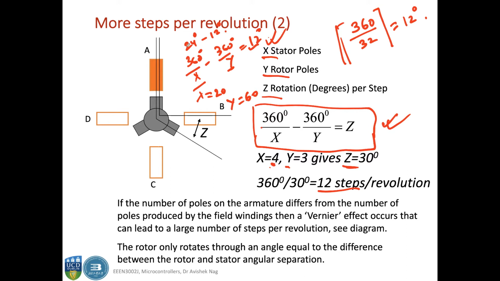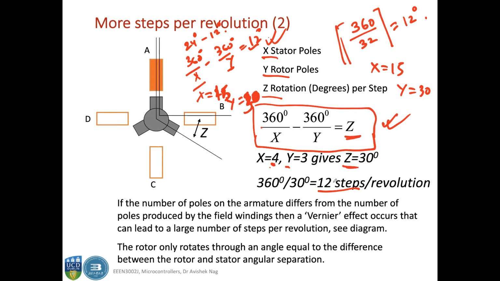Okay, so to get 24 degrees out of this 360 by X, your X can be 15. Okay, and to get 12 out of this, your Y can be 30. Okay, so by having X equal to 15 and Y equal to 30, let's say, you can have this 12 degree Z.